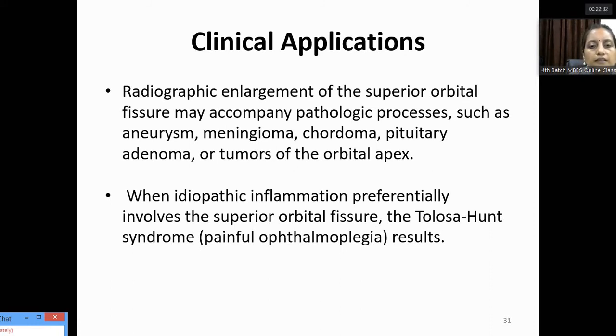When an idiopathic inflammation preferentially involves the superior orbital fissure, then Tolosa-Hunt syndrome, a painful ophthalmoplegia, results. In Tolosa-Hunt syndrome we see diplopia and painful movement of the eyeball. In this condition, if we do an MRI, we can see enlargement of the superior orbital fissure.